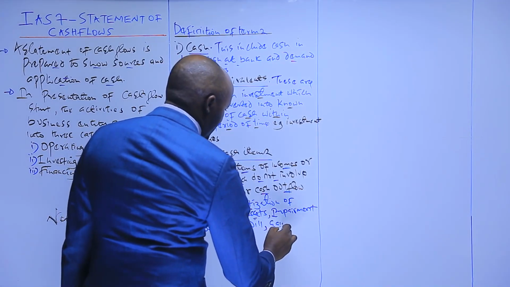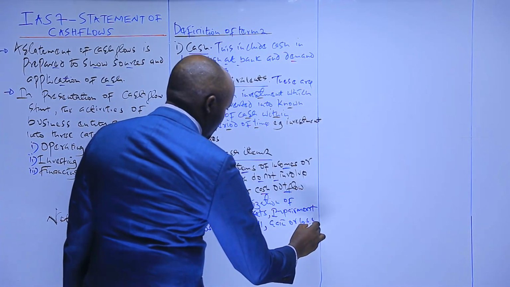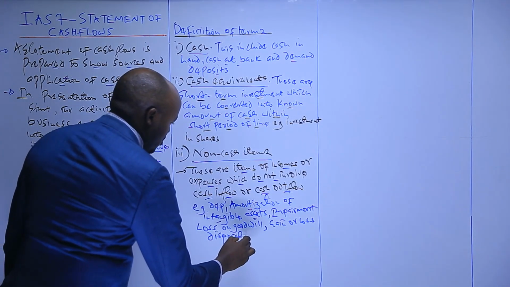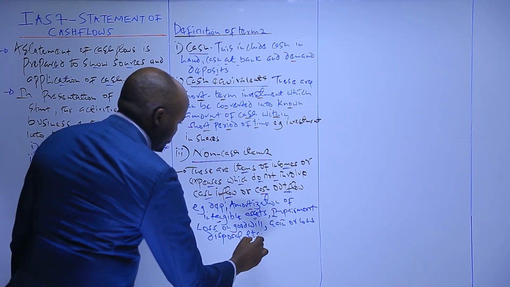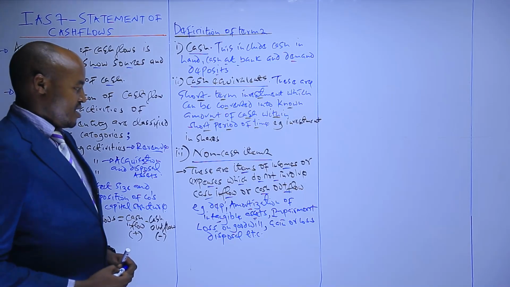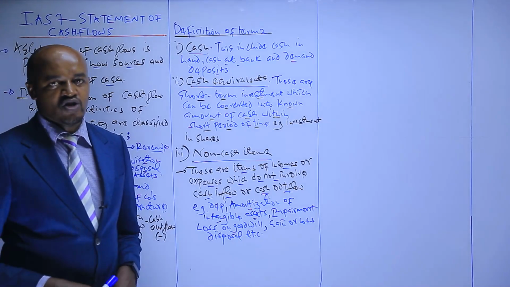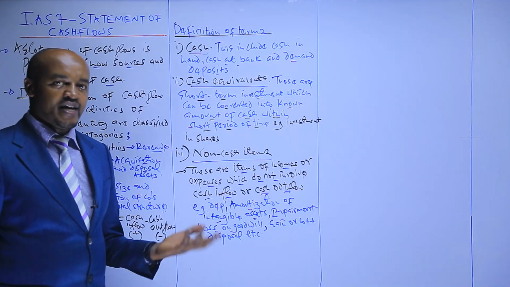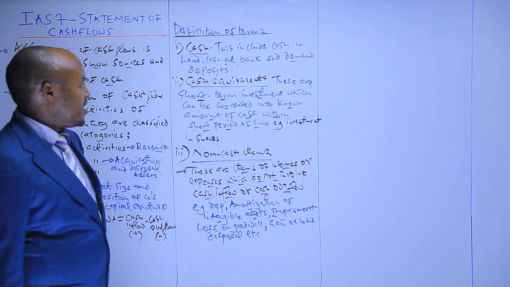And also we have the gain or loss on disposal. All these are good examples of items of incomes or expenses which are taken into account in the computation of the profit for the year, but they do not involve any cash outflow or any cash inflow.